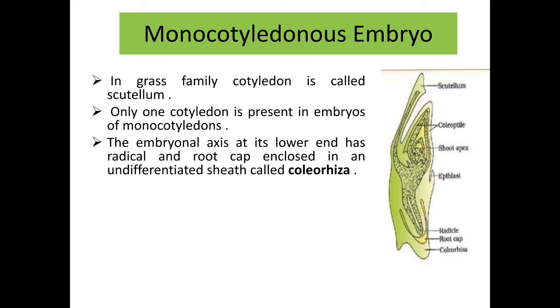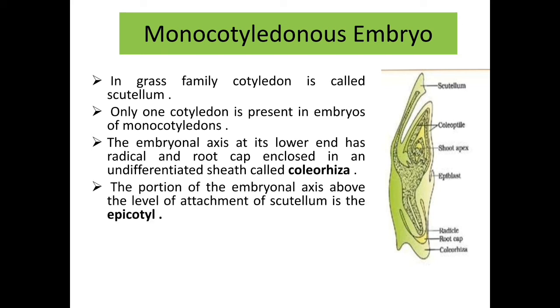Can you see here? Coleorhiza. Here some undifferentiated cells are there, and the root cap is covered with that undifferentiated sheath, which is known as coleorhiza.